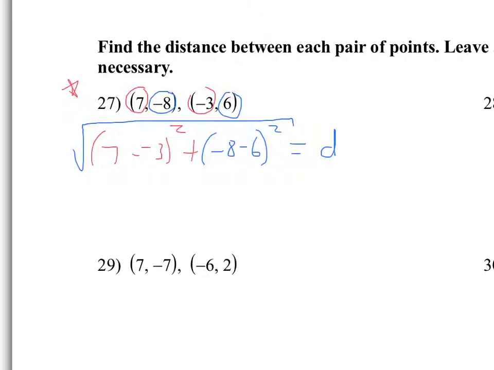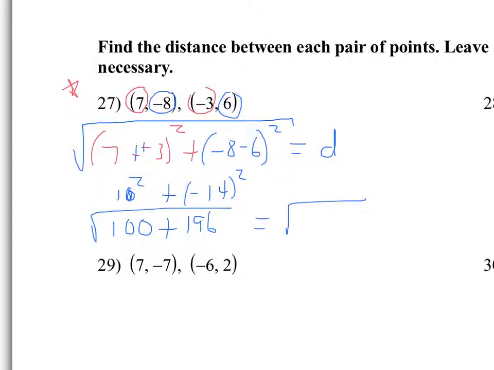So this is the official formula. 7 minus a negative is plus, so we have 10 squared, which is 100, plus negative 14 quantity squared, which is 196, rooted. Well, add them together, we have 296.